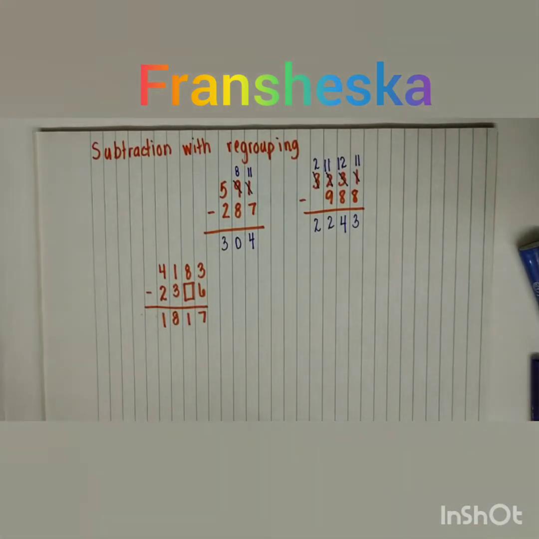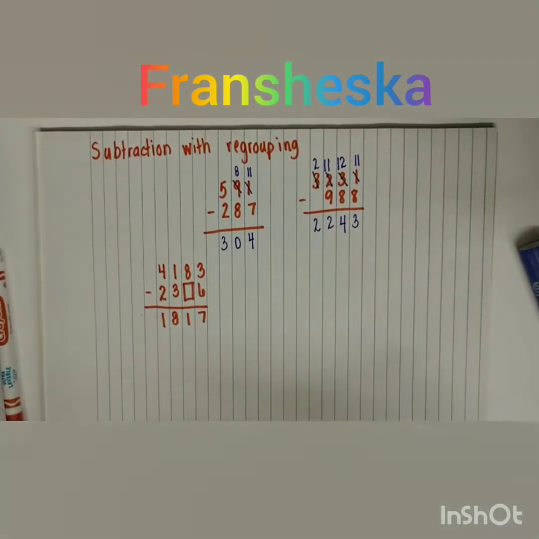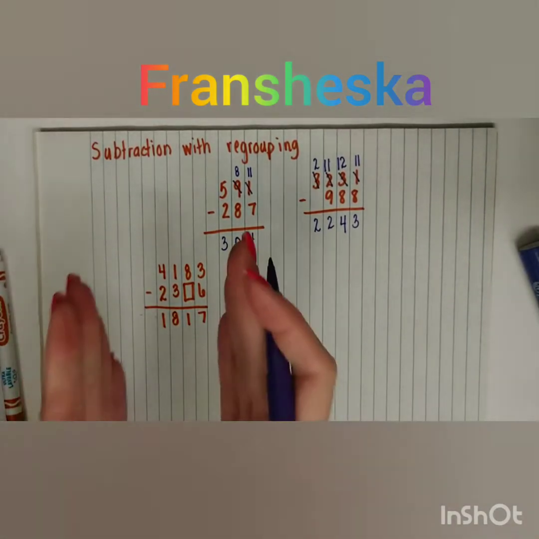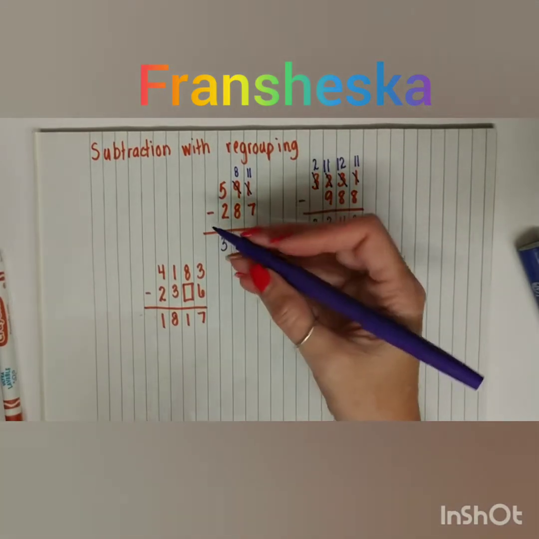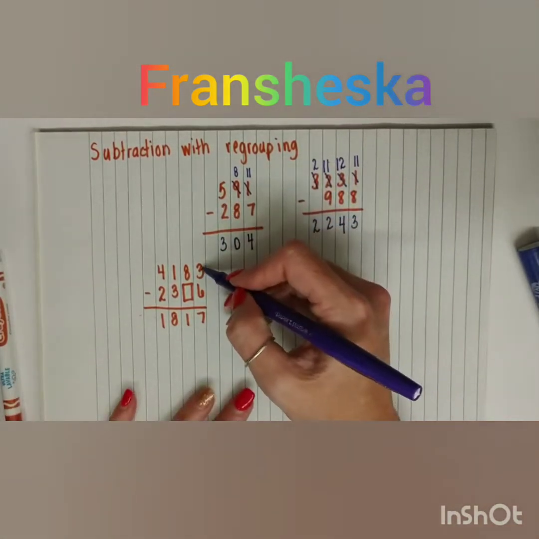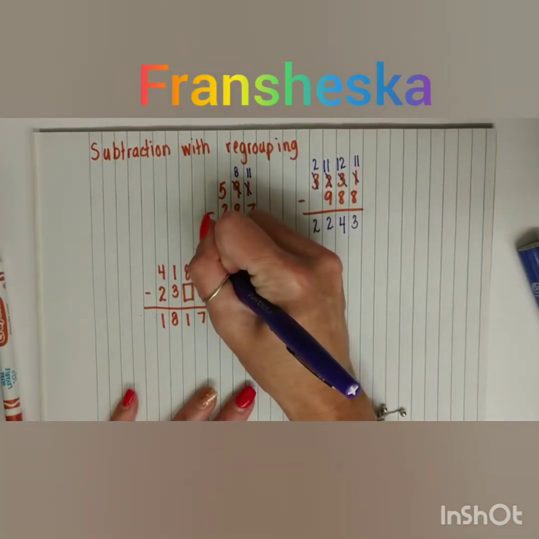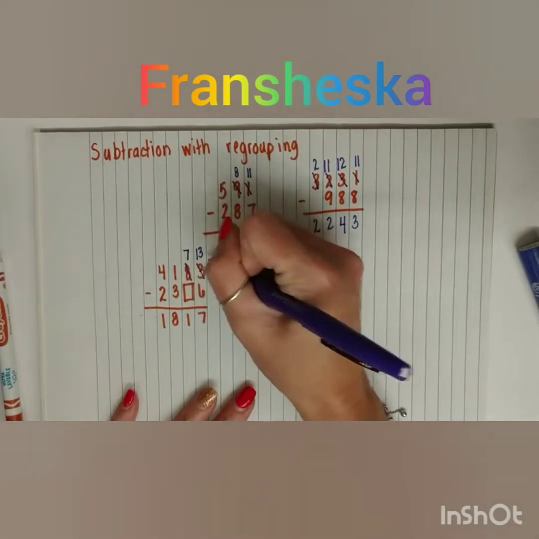All right, so we have a particular problem like this, and we have to solve for the missing digit. So the task to attack this is to go through and work through the regrouping and everything. So I have 3 minus 6. I can't do that. That tells me I have to regroup. This becomes 13. This becomes a 7.